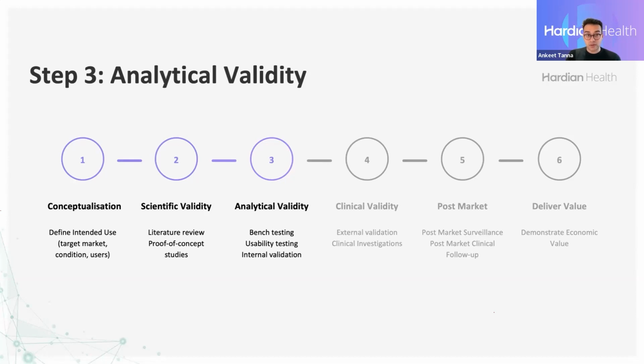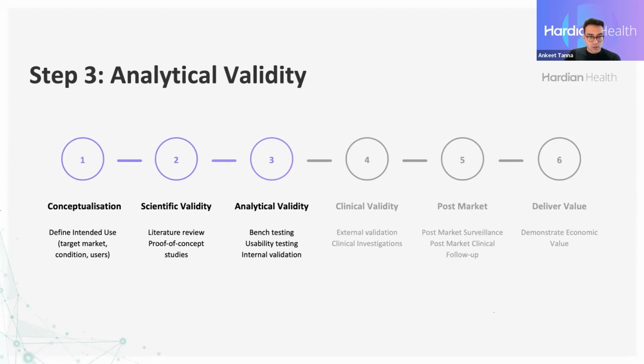When we talk about analytical validity in software, what we essentially want to say is, are the components of your software working as they are intended to in a controlled setting? So this might involve, if it's a physical device, bench testing, formative usability testing. And in the case of AI-based tools, you may have a small holdout data set to show that the outputs match what they're intended to match.